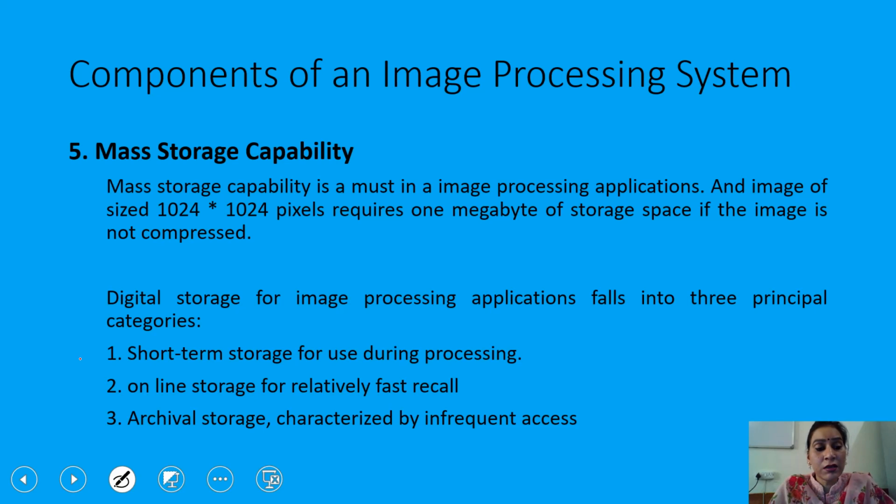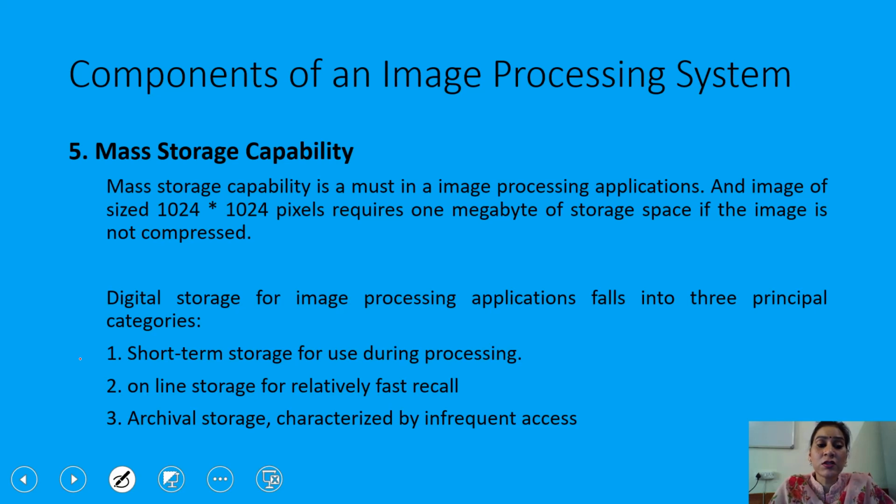So if we are directly storing these images, they are taking a lot of space, so we need to compress the image so that by compressing the data we can use less space, and in that space we can store other things.